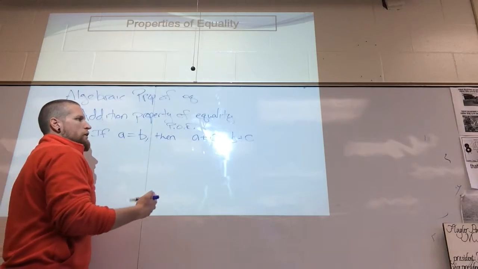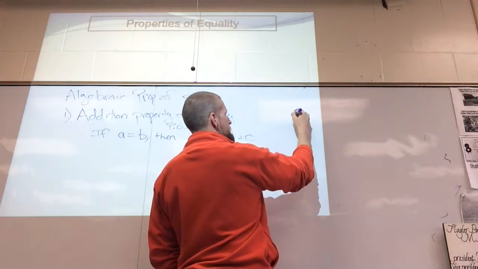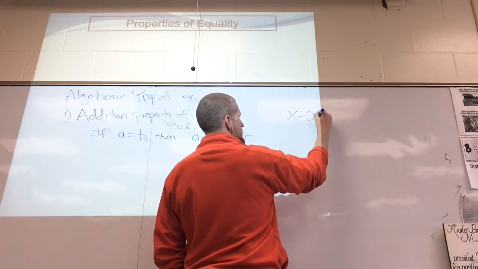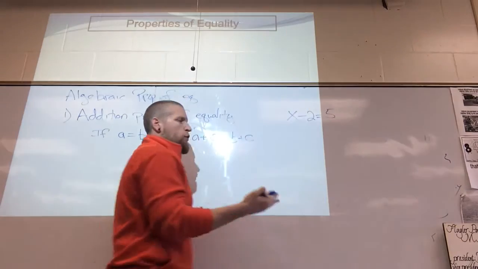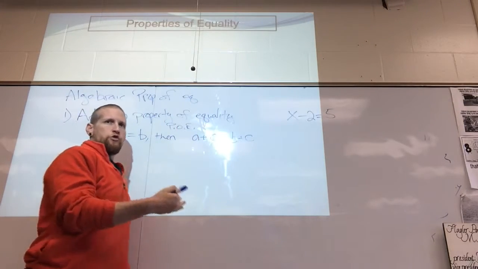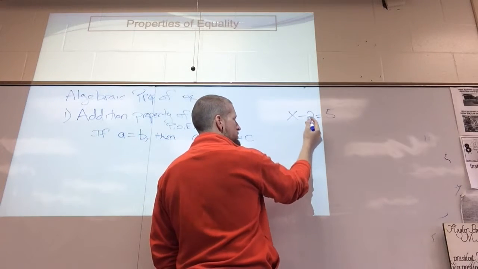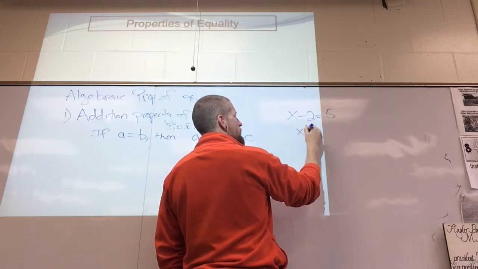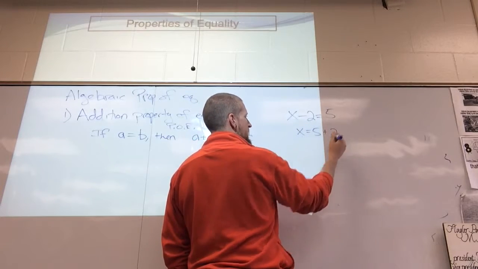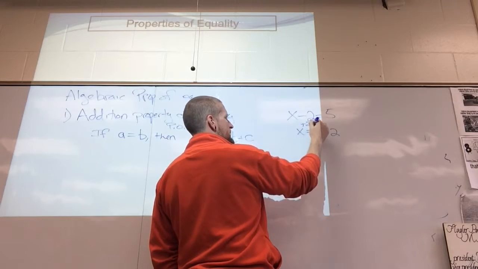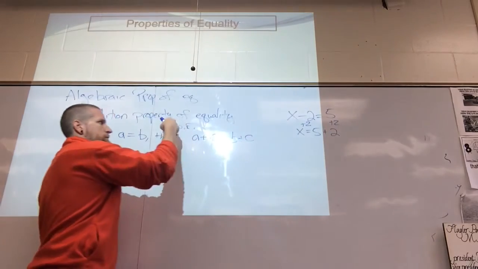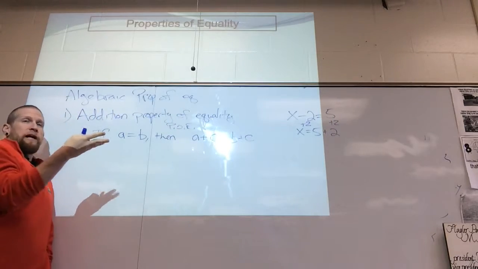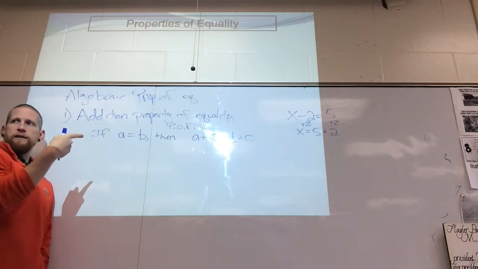Okay, now for simple balancing stuff, like with the way it looks there, it doesn't make much sense. The way you guys would use it would be something like, if I had that equation right there, if I wanted to solve this equation, what would you do with that 2? You would add it, right? So in reality, what just happened there is you added 2 to that side, and to keep it balanced, you did that. If someone said, why are you allowed to do that? This would be your reasoning behind it.